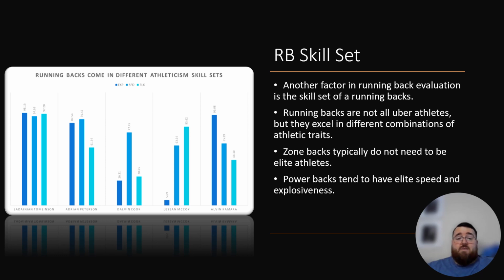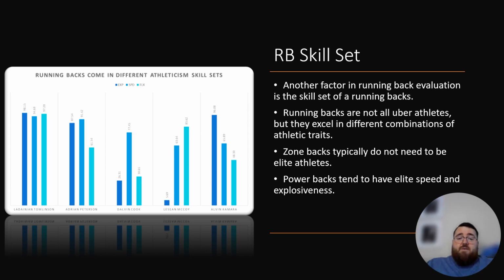Other backs that are like this, Marshawn Lynch, for example, is another running back that has a similar trait, where he's explosive, he's fast, he's just not very flexible. Not as flexible in terms of his lower body agility. He just wasn't as agile, but he's stupid explosive and stupid fast for his size.